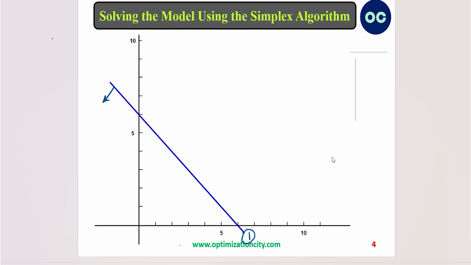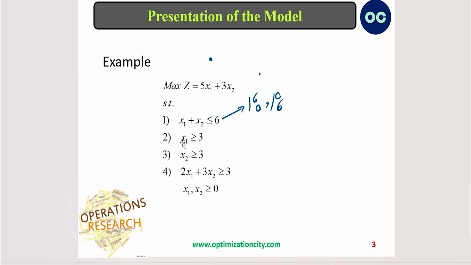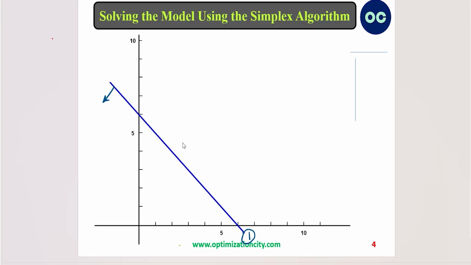The second constraint, x1 is greater than 3, is a vertical line at x1 equal to 3. This is x1, this is x2.